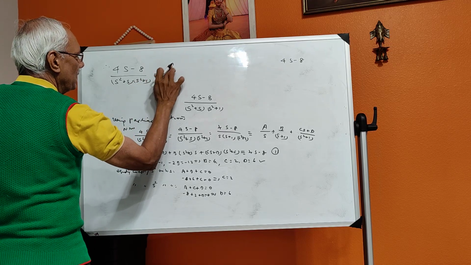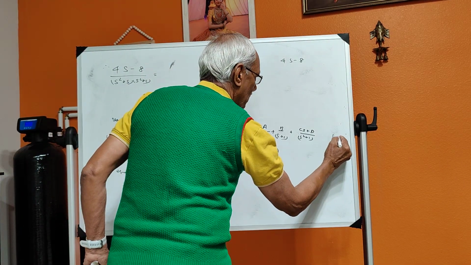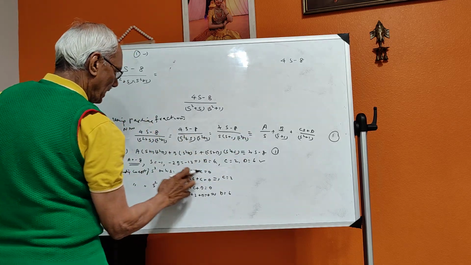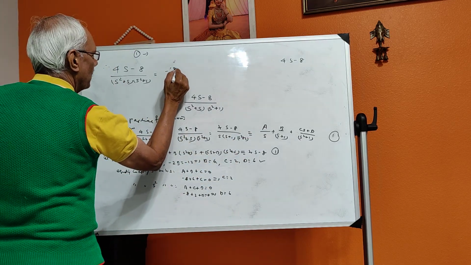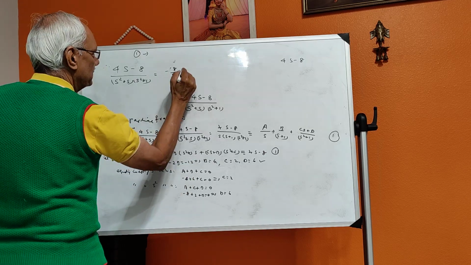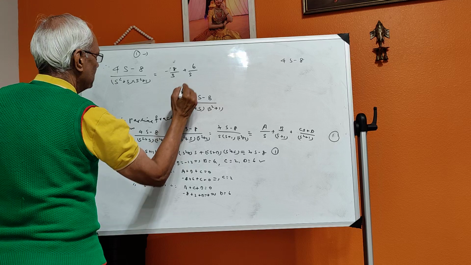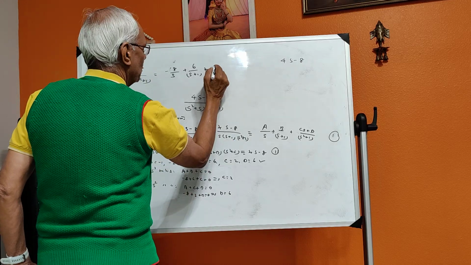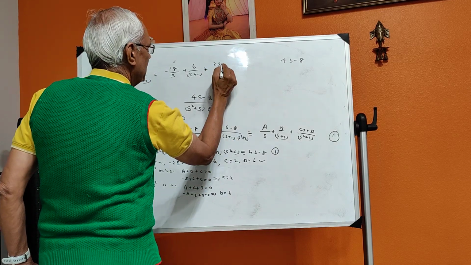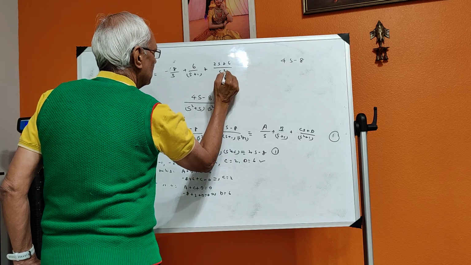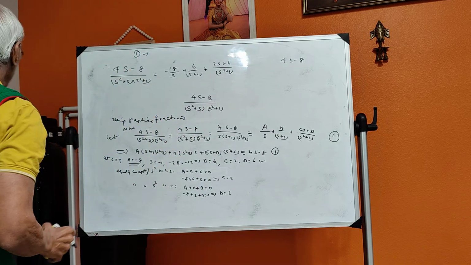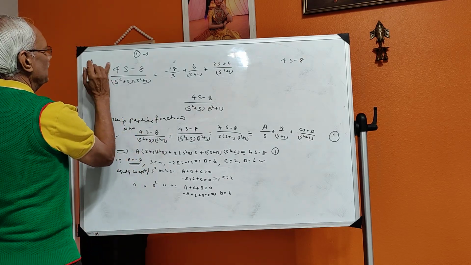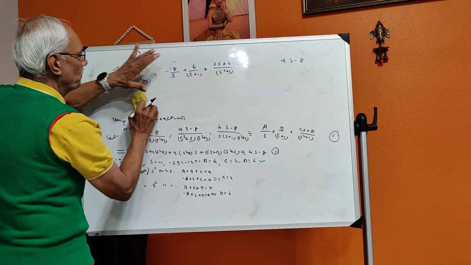In place of A, I have minus 8 by s plus 6 by (s plus 1) plus (2s plus 6) divided by (s squared plus 1). Now I have split this into partial fractions.